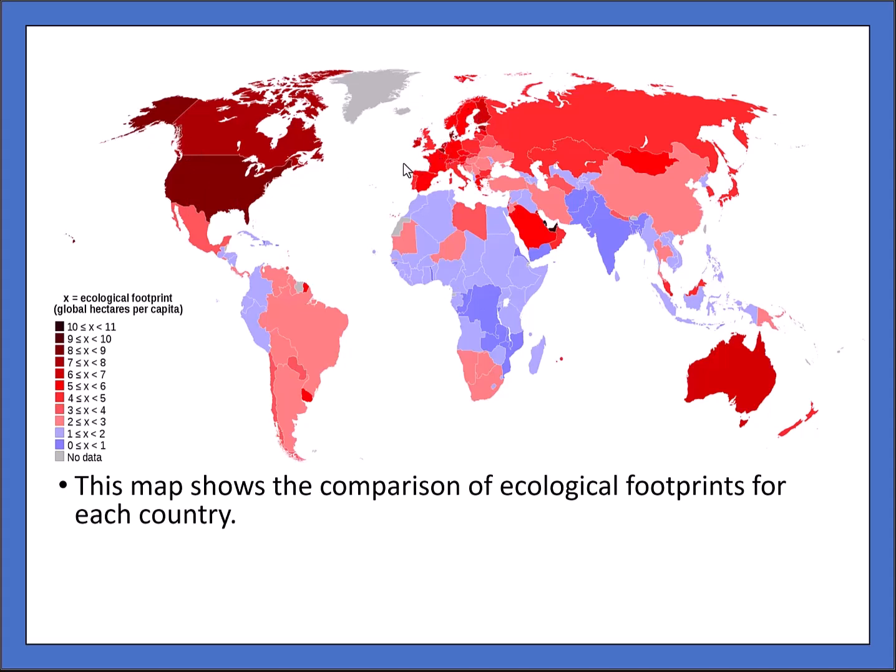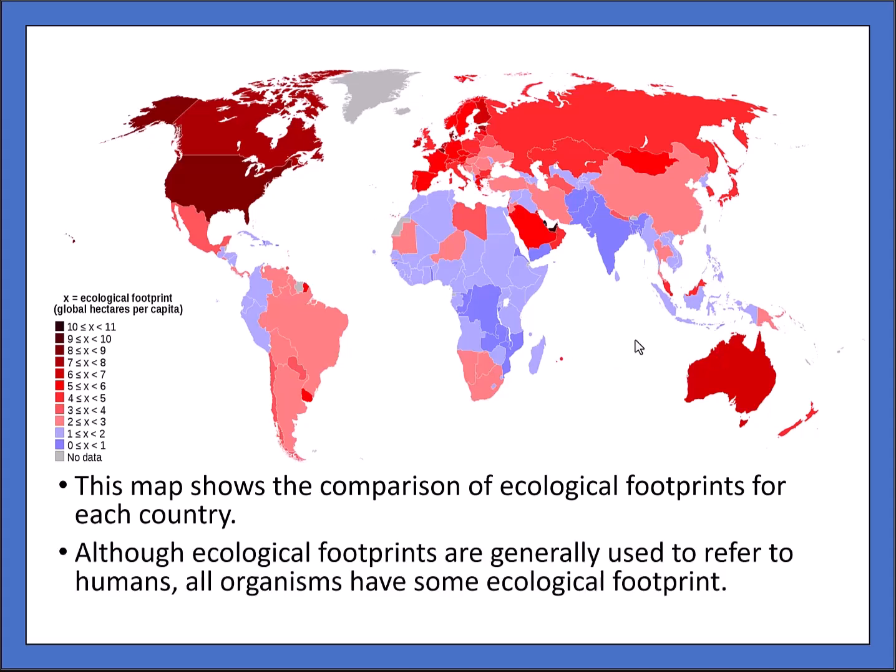Europe is generally better than the United States at being sustainable and using resources wisely. And so they have slightly smaller ecological footprints often. Although ecological footprints are generally used to refer to humans, all organisms have some ecological footprint.